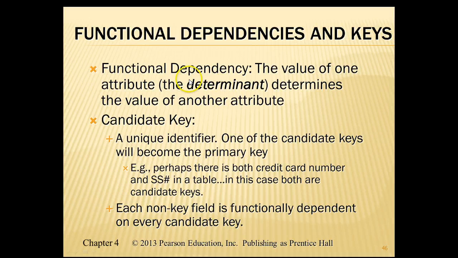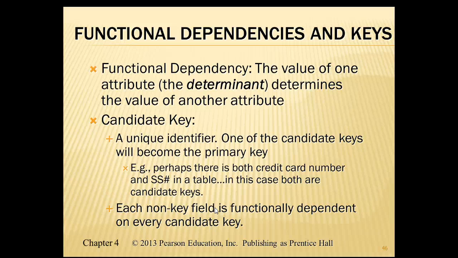So one very important step in this process is to determine the functional dependency. And basically what that means is that the value of one attribute determines the value of one or more attributes. And we'll see how that works here shortly. And we've already covered what a candidate key is.